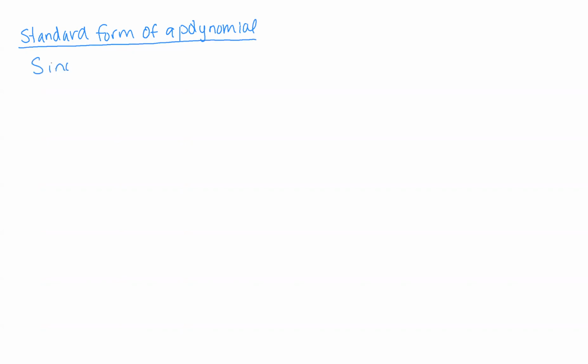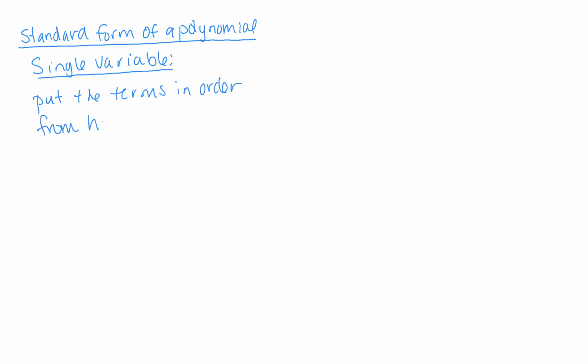So for single variable, put the terms in order from highest to lowest degree. Okay, so if I had something like -15 plus x squared minus 9x, this would not be in standard form. And our goal is to always put our answers in standard form.